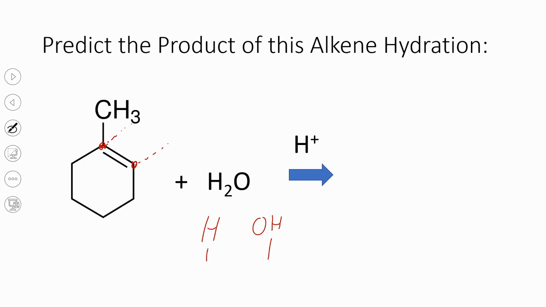So our product will be this hexane with a CH3 group and then an OH group here also. And then we don't have to draw this because that's a hydrogen now. So this is Markovnikov's rule: OH will add to the more substituted carbon if the carbons are not identical. Good. Okay, that's it.